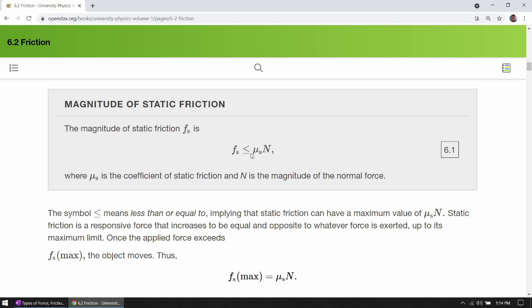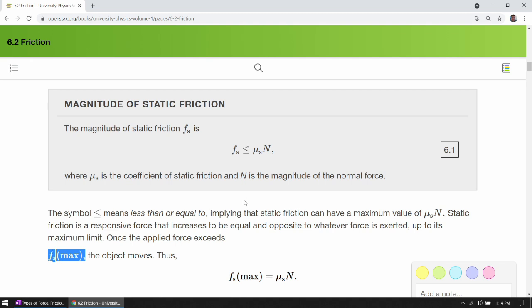Often people forget that this is an inequality because in so many of the homework questions and other problems that you get asked, we often ask about the situation that involves the maximum amount of friction force. And because that can encourage somewhat bad habits of always assuming the equality, I want to highlight here that there's an inequality. Static friction force can be less than the maximum.